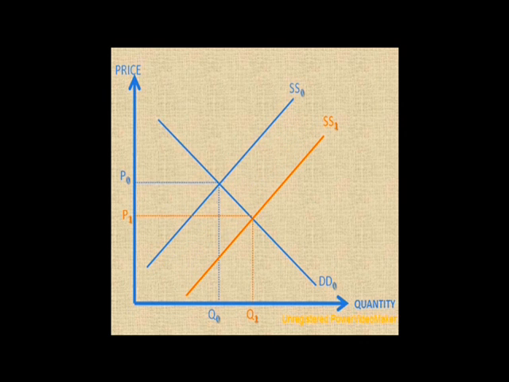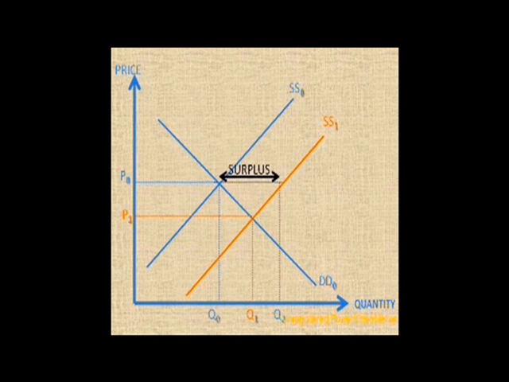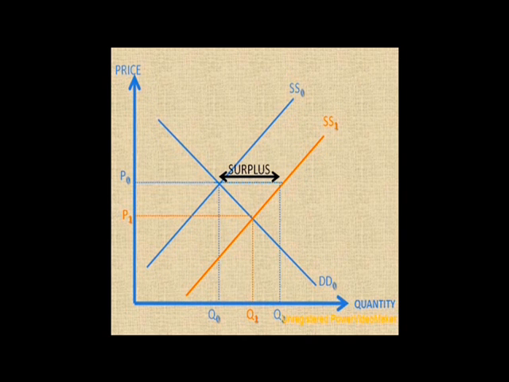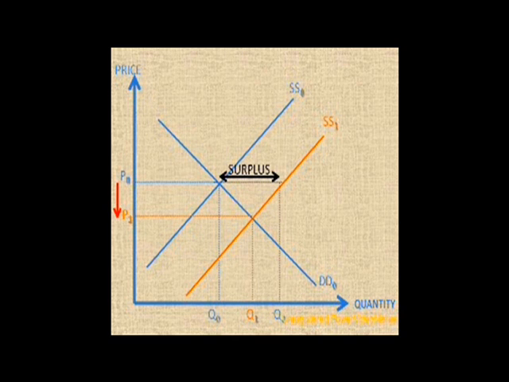Ceteris paribus, this creates a surplus of Q0, Q2 at original P0. Surplus drives prices down, which in turn causes quantity demand to rise and quantity supply to fall. Adjustment process continues until the new equilibrium Q1 and P1 are reached. Therefore, an increase in supply causes the equilibrium price to decrease from P0 to P1.